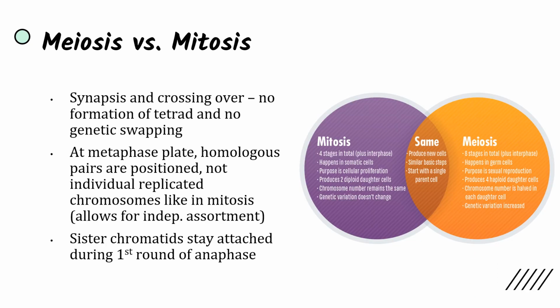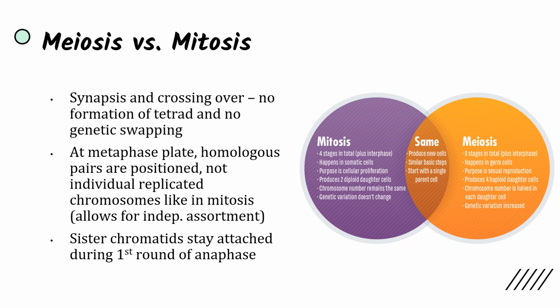So lastly, it's important to make a list of the differences between meiosis and mitosis. Obviously, in meiosis, there's going to be synapsis and crossing over, versus mitosis, where there is no genetic swapping. There's no forming of the tetrad, which is where the 4 sister chromatids come together at the chiasmata points. There's not going to be any of that genetic swapping because we're trying to create genetically identical cells.